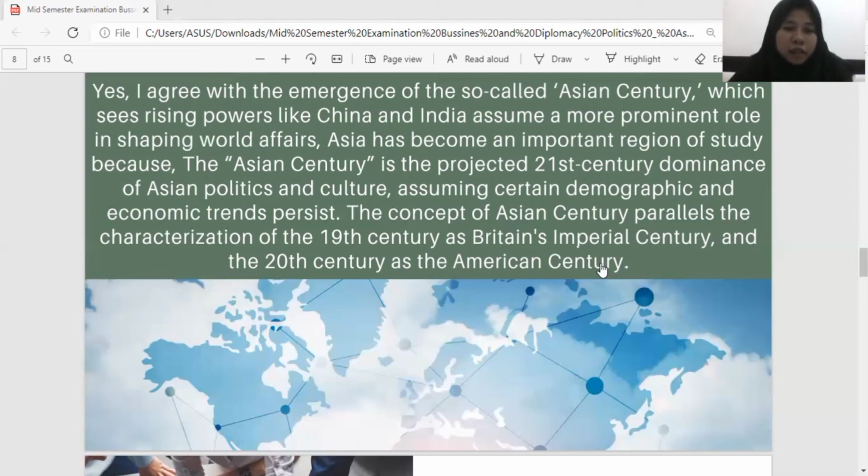Although still behind in terms of income per capita and infrastructure, this wealth is translated into military, political, and institutional influence via bodies such as the UN and the new Asian Infrastructure Investment Bank.